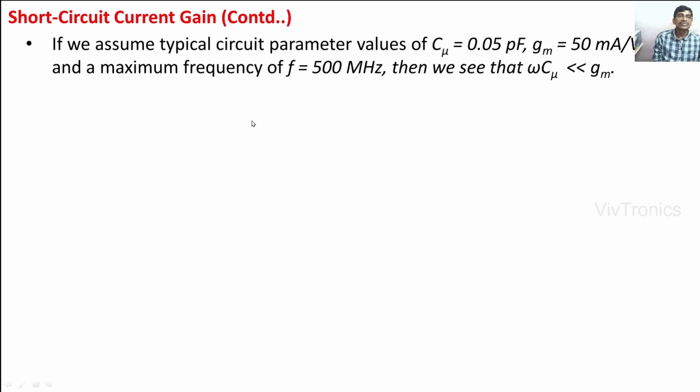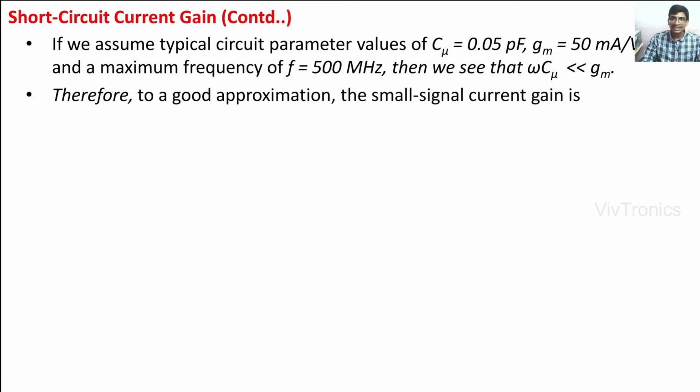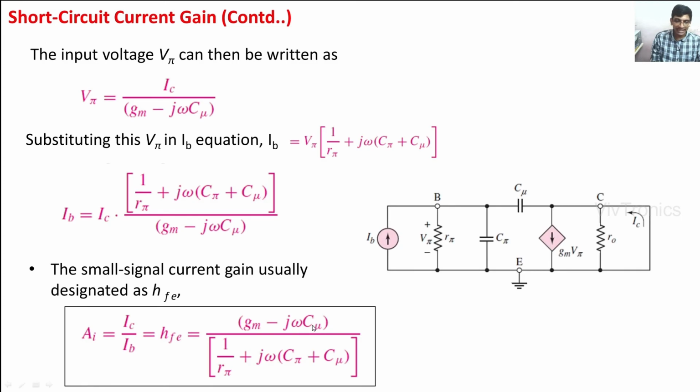If you assume typical parameter values like c mu is equal to 0.05 picofarads, Gm is 50 milliamperes per volt, and the maximum frequency f is equal to 500 megahertz, then we can see that omega c mu is very much less than Gm.